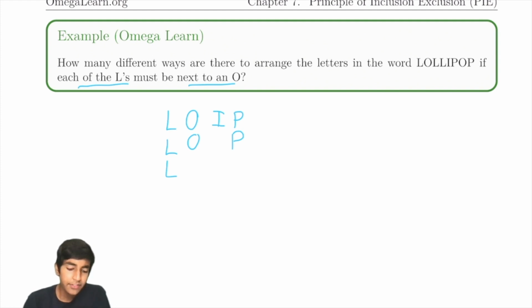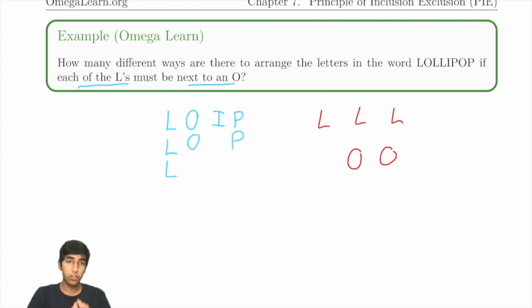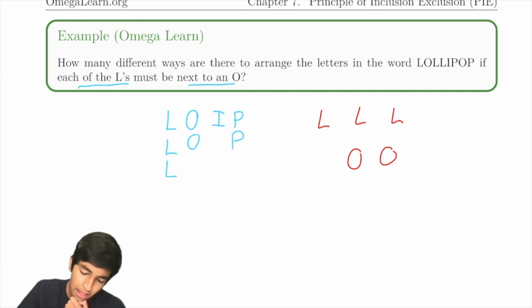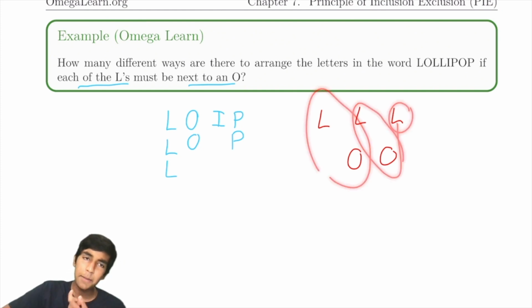Okay, but it says each of the L's must be next to an O. So we've got 3 L's, but only 2 O's, right? Each of the L's must be next to an O. So we can't just pair them up LO, LO, because then there's going to be an L left over. What does that mean?